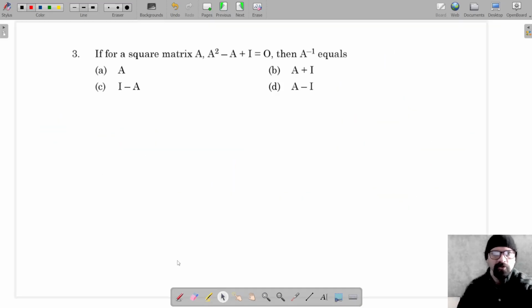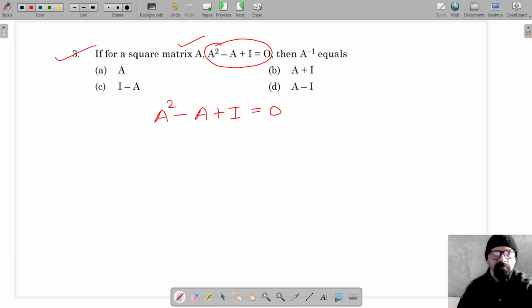For question number 3, it's given that A is a square matrix, and we are given a matrix polynomial, and we have to find A inverse. The matrix polynomial is A squared minus A plus I, where I is an identity matrix of the same order as A, equal to the null matrix.